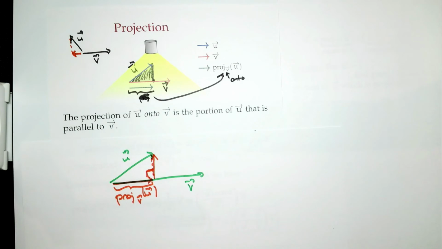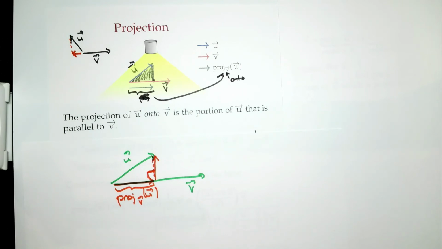So I want to figure out what the formula is for the projection, which means I want to find a vector. If I want to find a vector, what two pieces of information do I need? Direction and magnitude. Every vector has two things, a direction and a magnitude. If I know those two things, I know the vector. So let's talk about the direction. Again, just think intuitively: what is the direction of the projection if I'm projecting onto v?